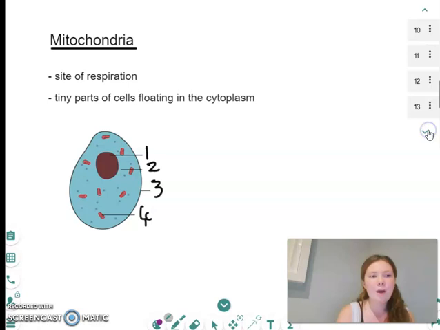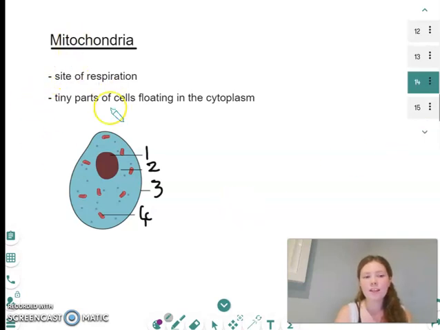Great, and finally, we've got the mitochondria. These are the sites of respiration, and they're tiny parts of cells that float in the cytoplasm. I think you'll be able to do this one definitely, but can you tell me which number the mitochondria will be on the diagram? Number 4, well done. Really, really good. Fabulous.